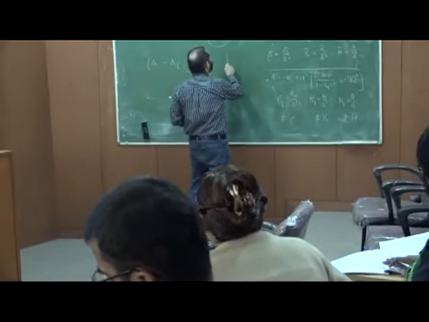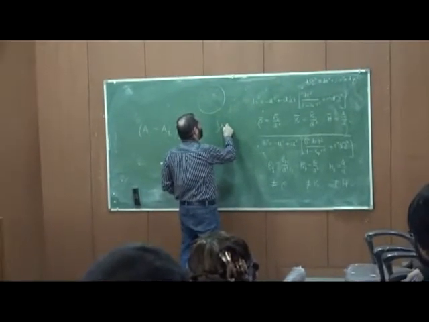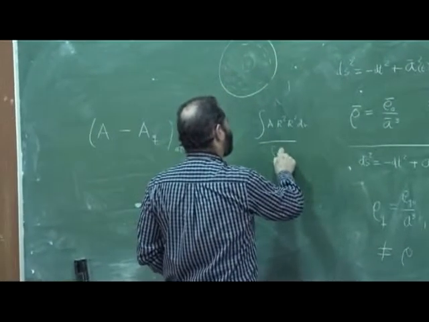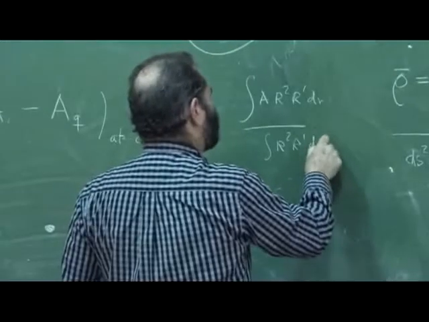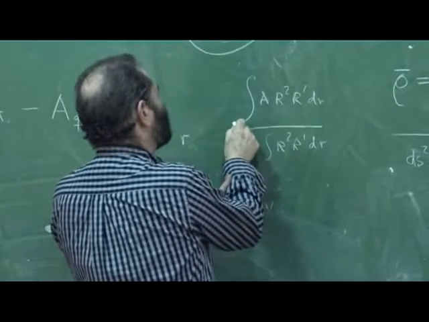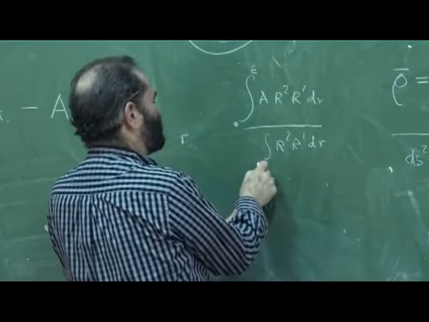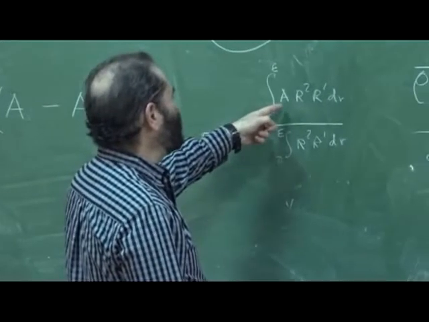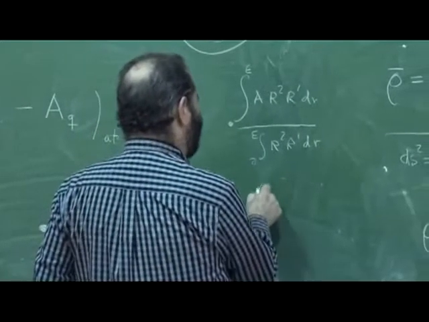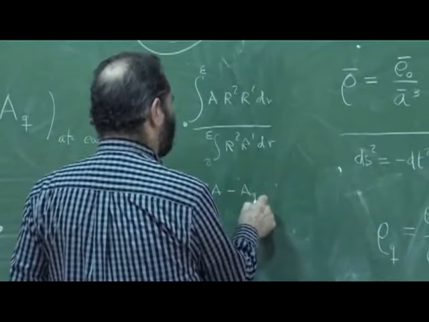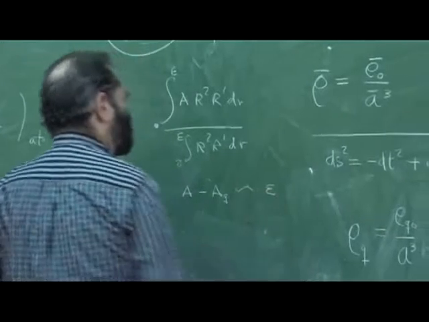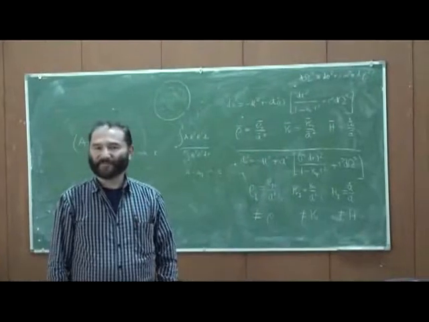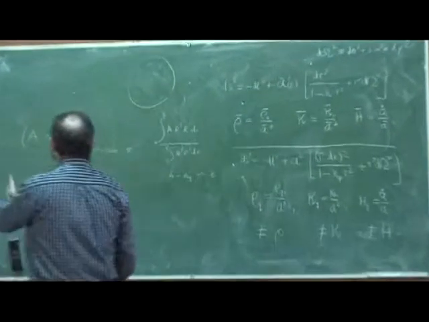This integral, a r squared r prime dr, and we integrate from 0 to a very small number. So basically, if we do this, we can see that A minus A_Q is of the order of epsilon. And if we set epsilon to 0, then they are the same. So at the center, they are the same.